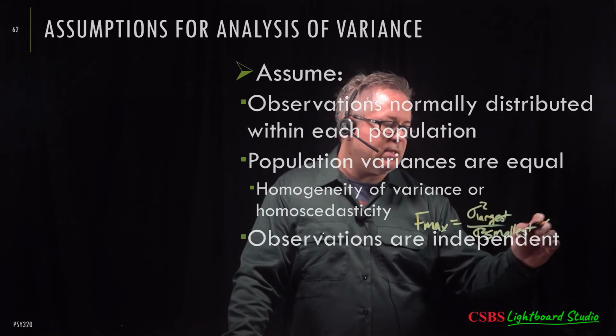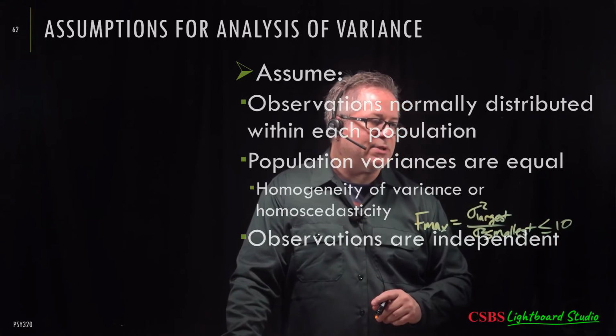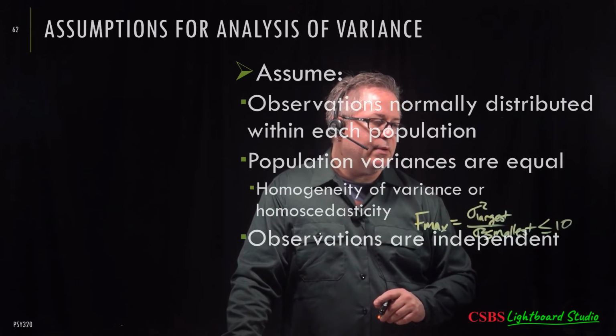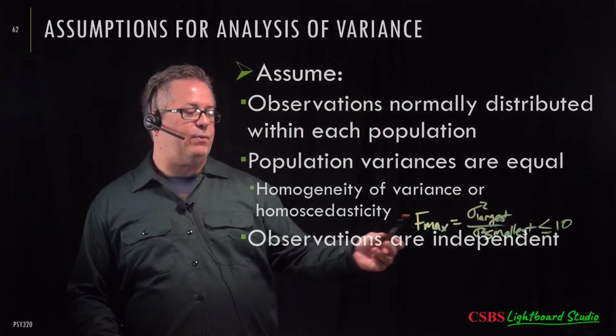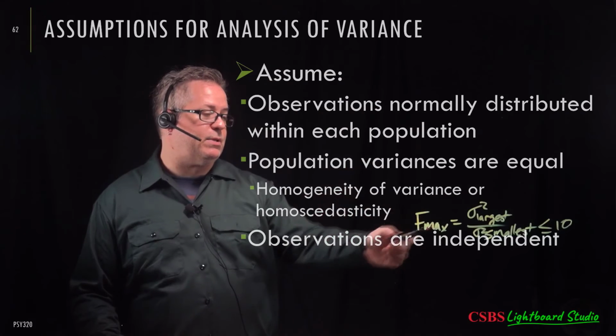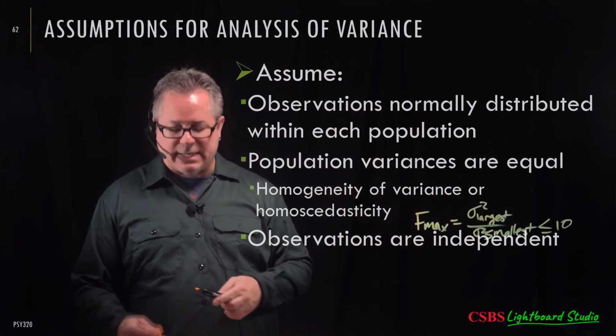As long as that is less than or equal to 10, it's considered homogeneous. That's the same thing we talked about before. It still applies here. So if you want to test to see if you have homogeneous variances, this is an easy way to do it by hand.